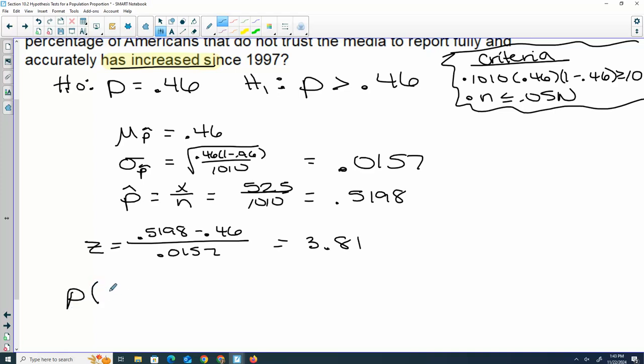The probability that Z is greater than. And I'm doing greater than because my alternative was greater than.